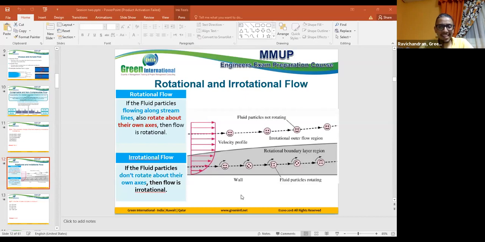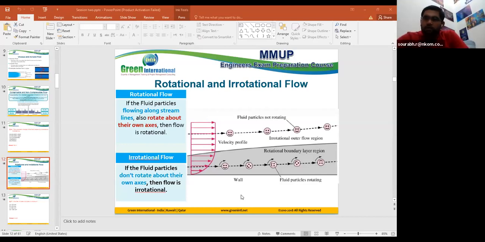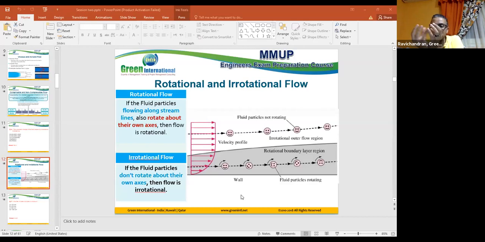You can take it as clear: if the particle moves with the flow without any rotation, it is irrotational flow. If the particle moves with the flow and the particle itself also rotates during movement, this is rotational flow. Okay, now I understand. Now it's clear.